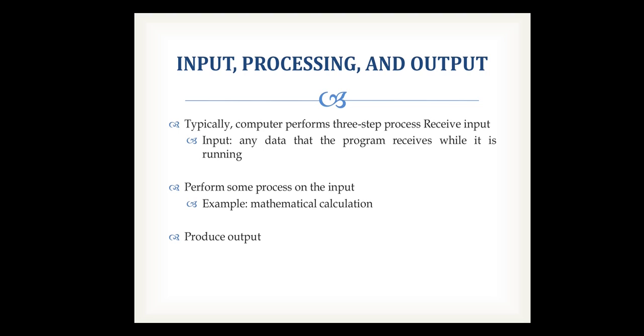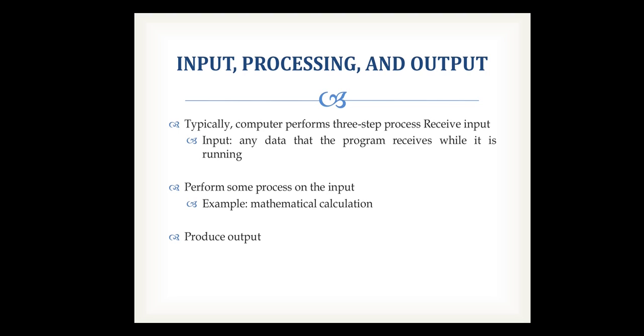Basically there are three steps of any programming language. We pass some kind of input, that input is going to be processed, and after processing the system is going to generate an output. Typically a computer program performs three steps.